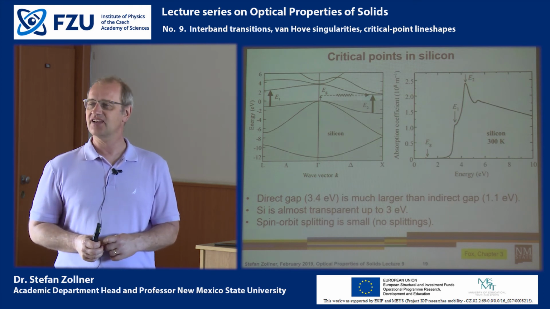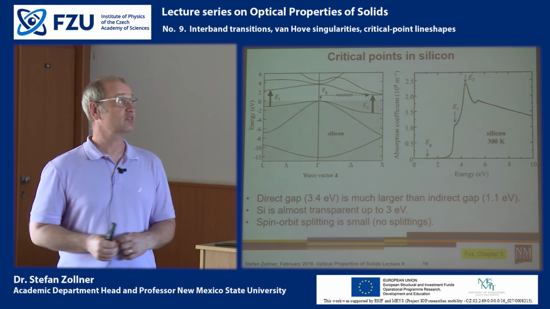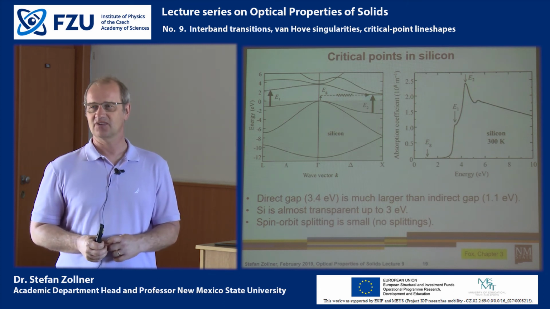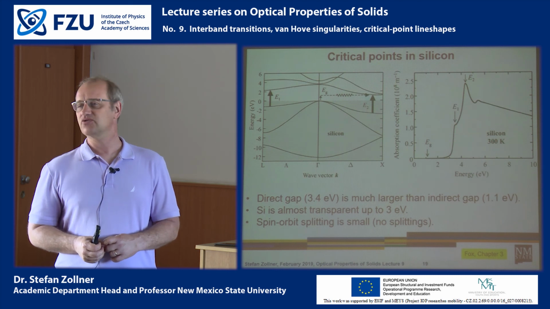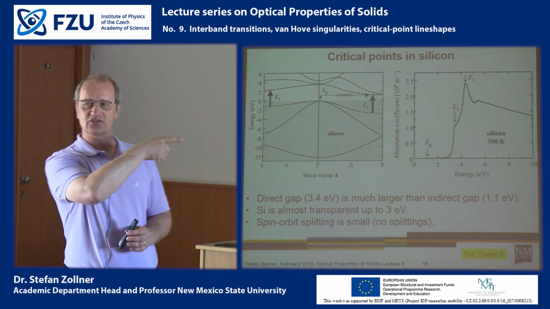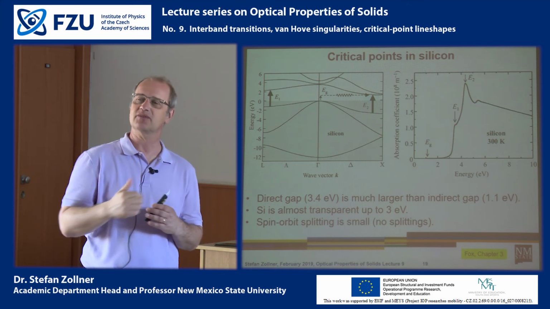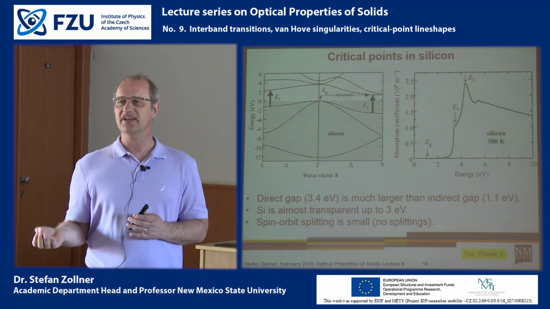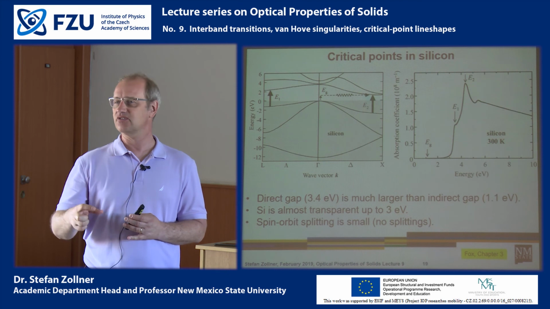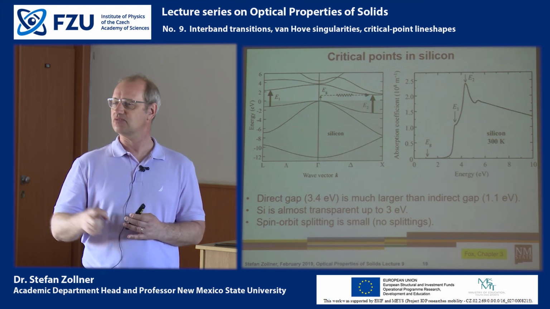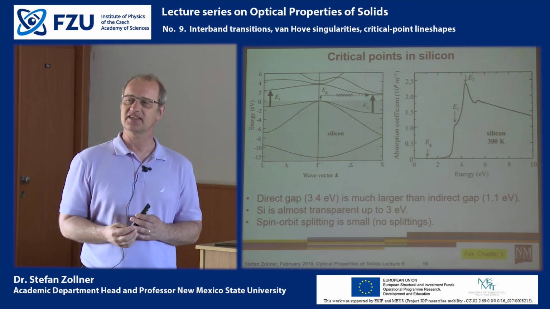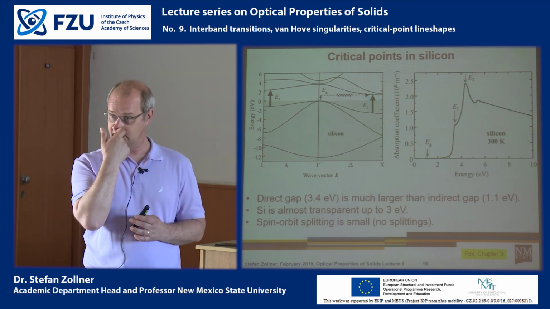Okay, so at higher photon energies, you can no longer do ellipsometry, so you have to do reflectance measurements. Or you can do transmission of thin films. As you've seen, the absorption coefficient goes down as you go into the UV, so your penetration depth becomes larger and larger. If you go to the X-ray regime, for example, the penetration depth of X-rays is on the order of thousands of angstroms. So then transmission measurements become possible again to measure absorption coefficients.